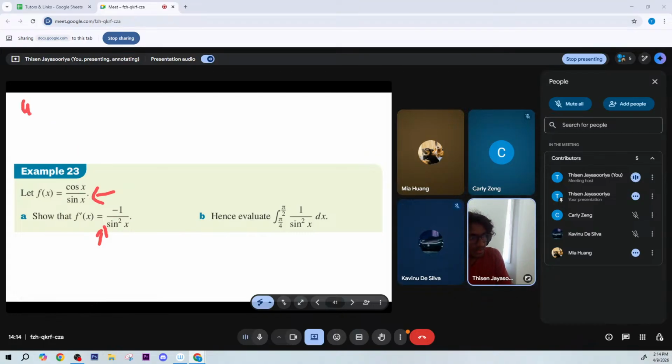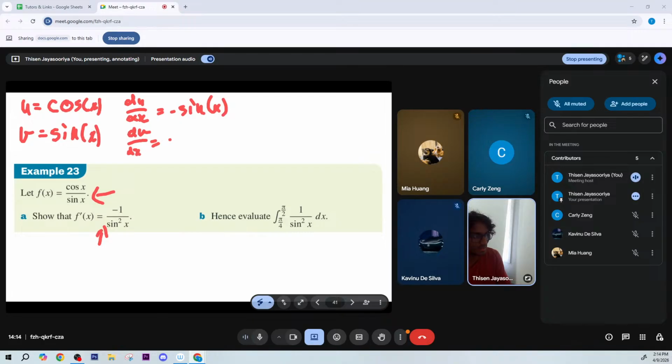So here, we let u equal cos of x, and v equals sine of x, yeah? If we look at our quotient rule formula in our formula sheet, we'll do du on dx equals negative sine of x, and dv on dx equals cos of x, yeah?